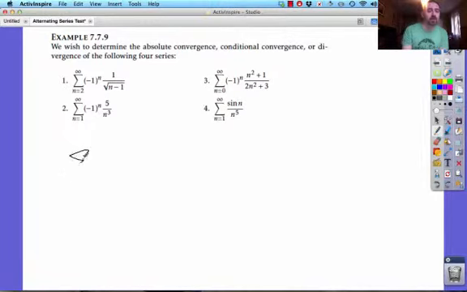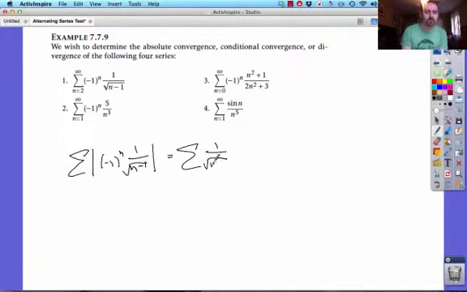We want to find out, does the absolute value of this converge? Taking the absolute value, the only thing it changes is that we don't have any negative terms out front. So this is equal to this series right here, going from 2 to infinity.